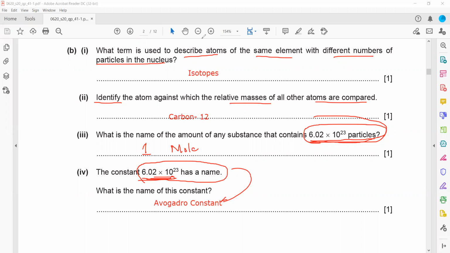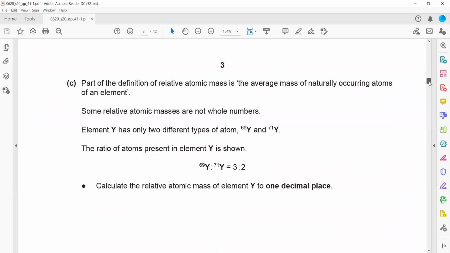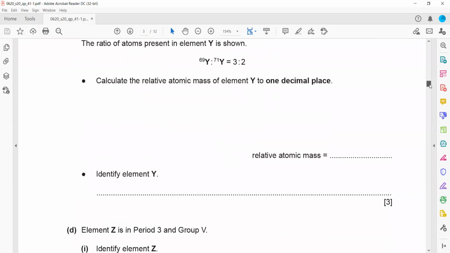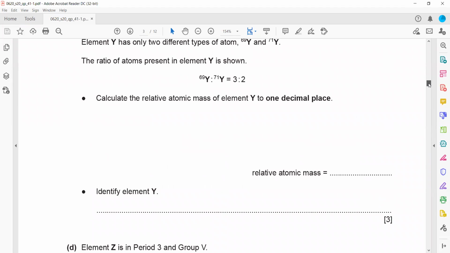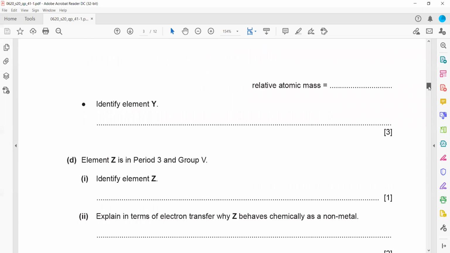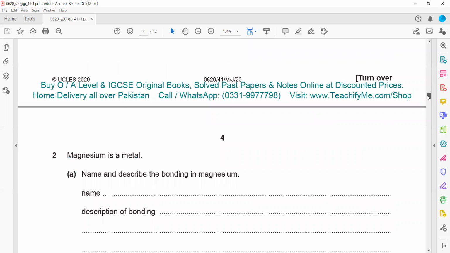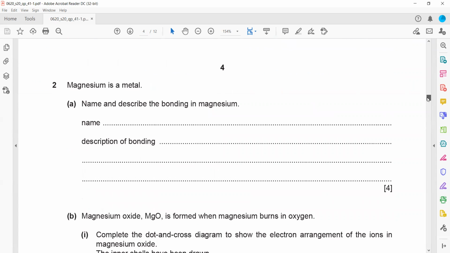Parts C and D we cannot solve right now because they are related to different topics. And this was May 2020, paper 4, variant 1, question 1. There's one more part I can discuss with you.